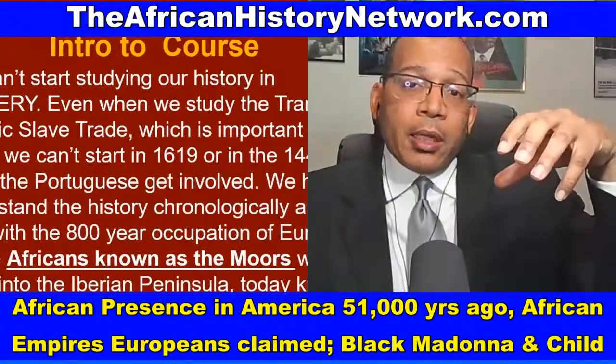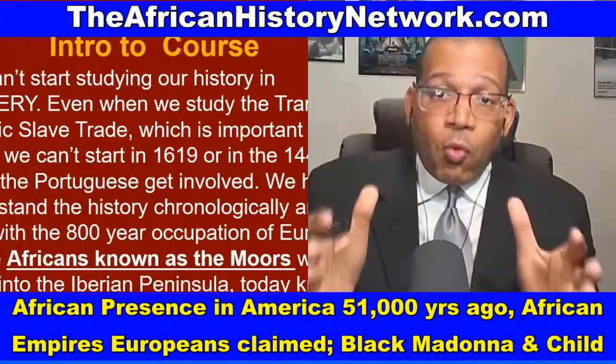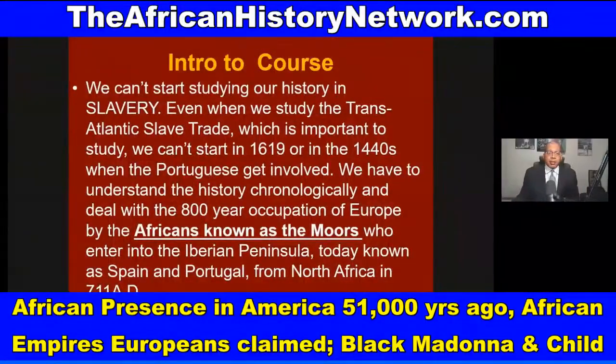Then we look at the slavery here, of course, in this country that we call the United States of America. We have to understand the history chronologically and deal with the 800-year occupation of Europe by the Africans known as the Moors, who take the teachings from ancient Kemet, ancient Egypt, into the Iberian Peninsula, today known as Spain and Portugal.